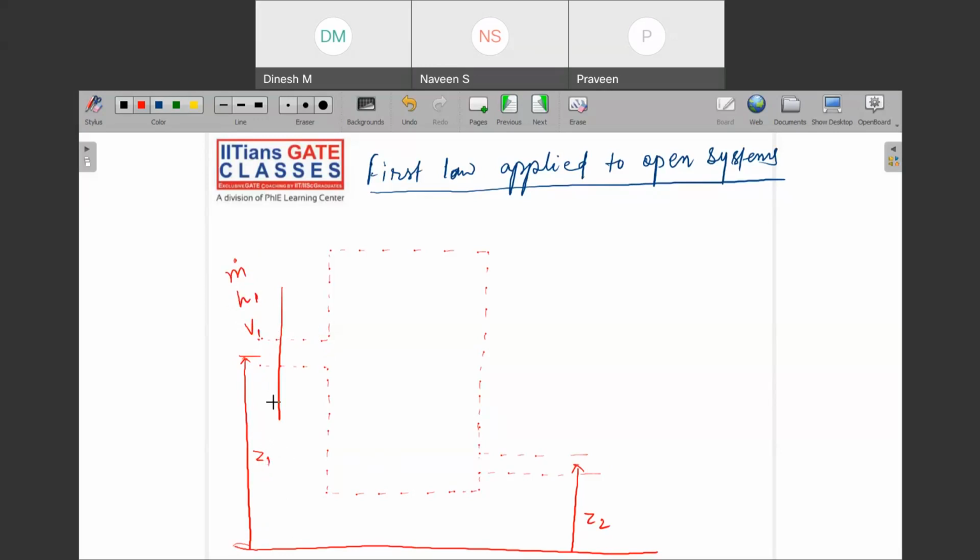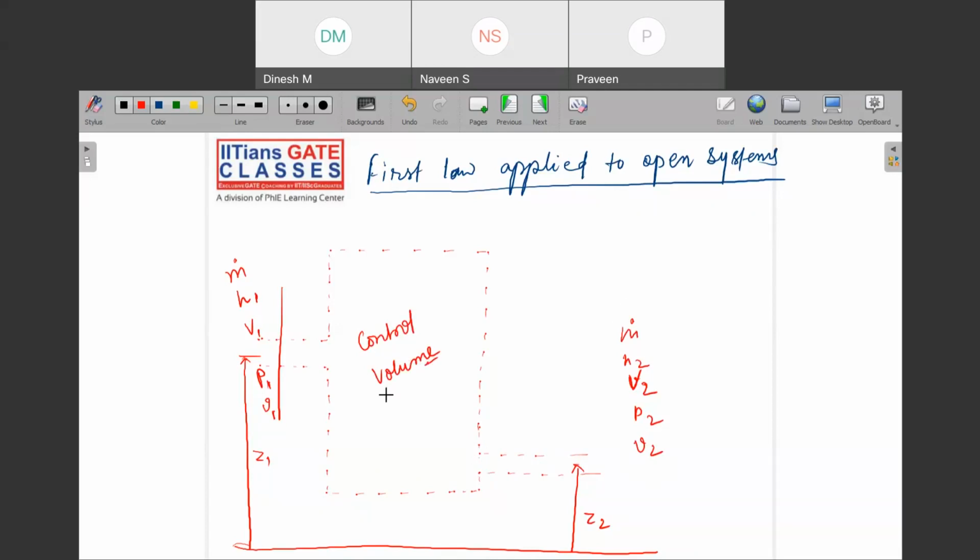Then we can have pressure and specific volume here. Similarly at the exit point, we will again have mass flow rate, h2, velocity, pressure, specific volume, and Z we already know. This is your control volume.